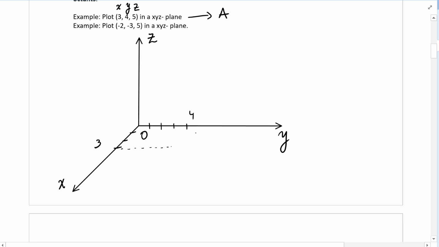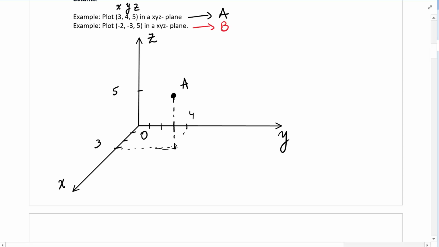So this point here is the point of coordinates 3, 4. And now we want Z equals 5, which means from here we have to go 5 up. So let's say this would be 5. This point here is of coordinates 3, 4, 5.